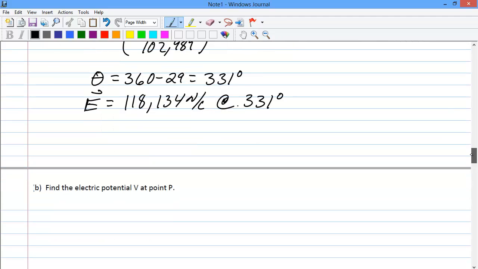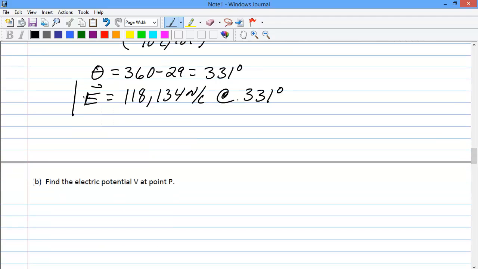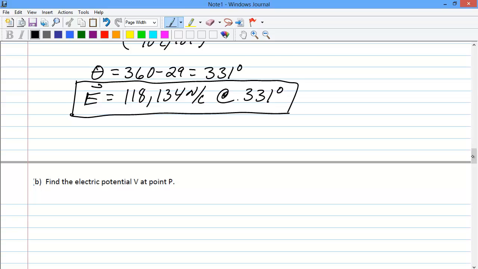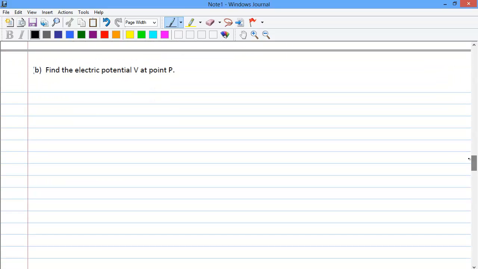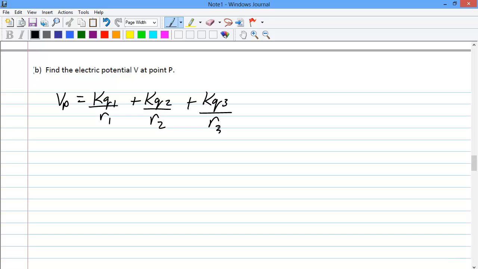The next part asks me to find the electric potential. The electric potential is a scalar, so all I have to do is sum them up. So V at point P is just KQ1 over R1 plus KQ2 over R2 plus KQ3 over R3.